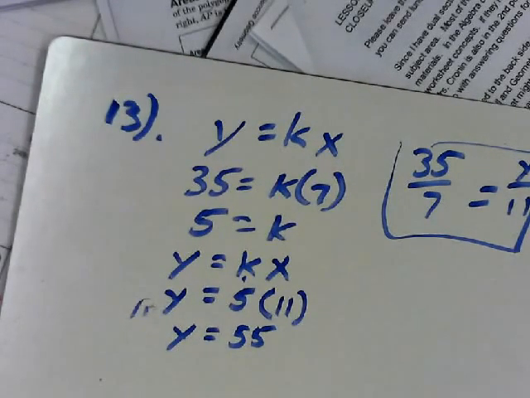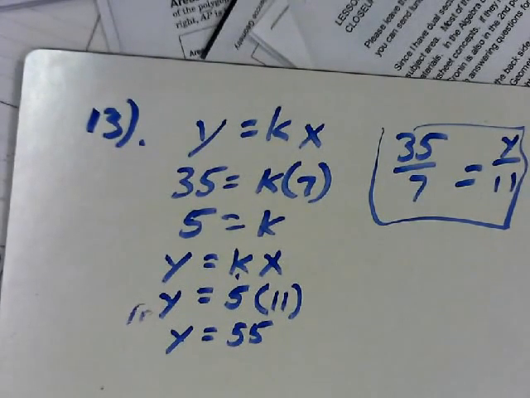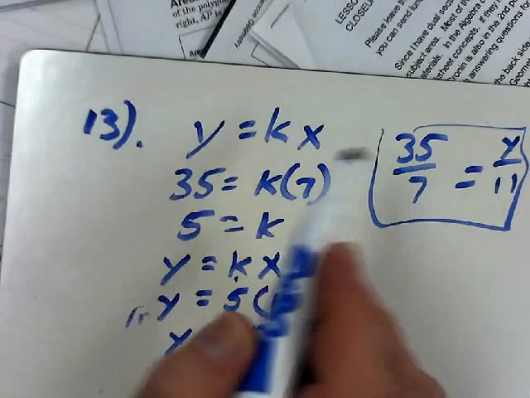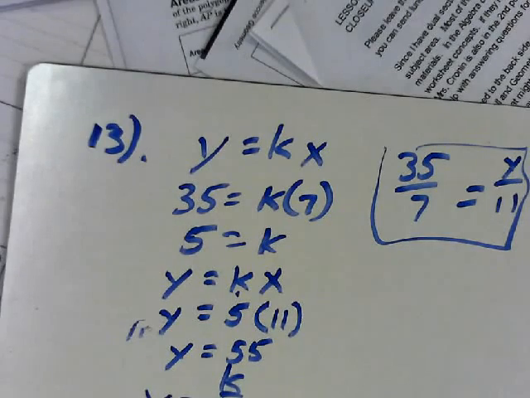You can set up a ratio like that with an inverse, but you have to put them in specific orders, in specific places, in order to be true. That's why an inverse is easier to do as y equals k over x. It will be your most consistent.